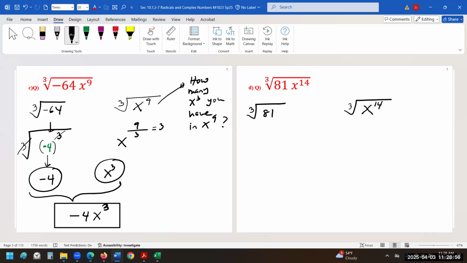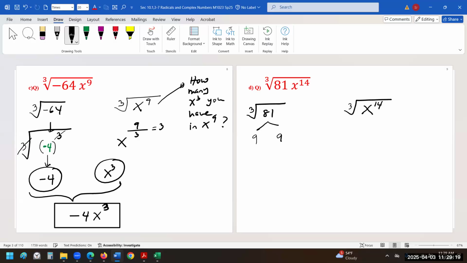Since it's not a perfect number, we look for a perfect number inside whatever we are given. For 81, we are looking for the same number 3 times. So let's split 81 into prime factorization. When you see 81, what 2 numbers come to your mind? 9 and 9.